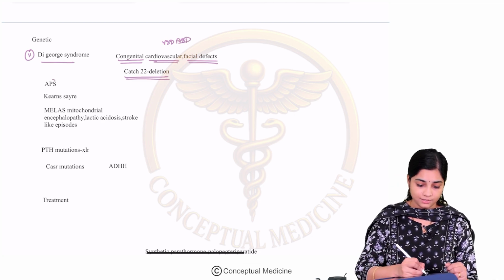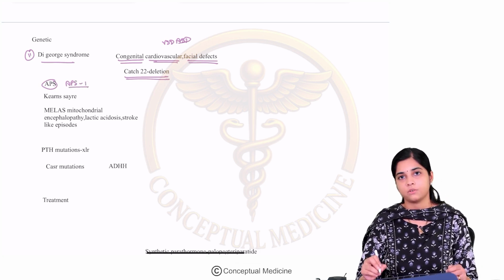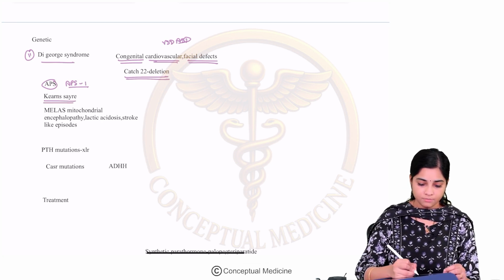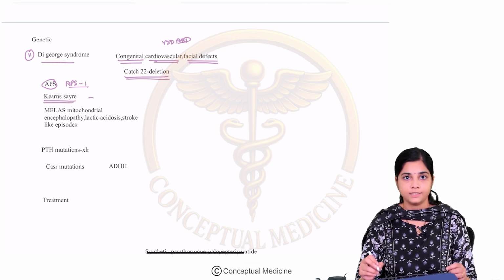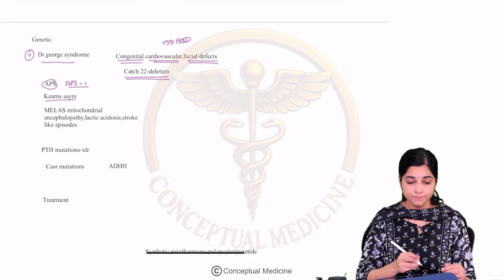Then your second one is your autoimmune polyendocrine syndrome, especially APS type 1, which is a cause for hypoparathyroidism. Then Kearns-Sayre syndrome is basically another inherited defect. So in Kearns-Sayre syndrome, what happens?